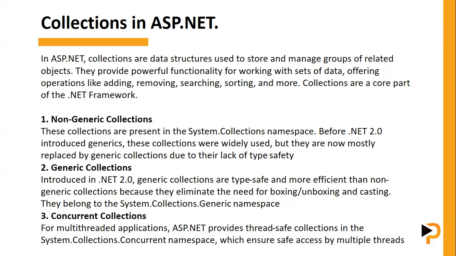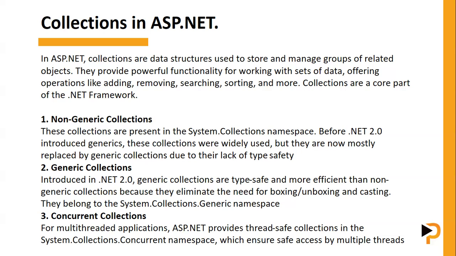If I am creating an ArrayList, then I should insert only employee objects or only string objects. So generic collections were introduced in 2.0, and they are type safe and more efficient than non-generic collections because they eliminate the need for boxing and unboxing, casting, and these things.